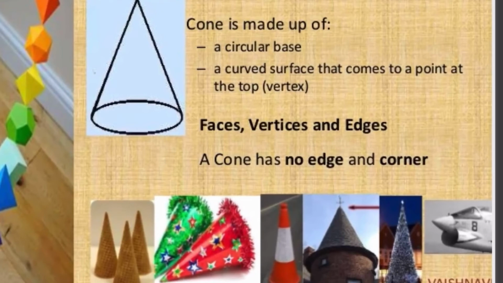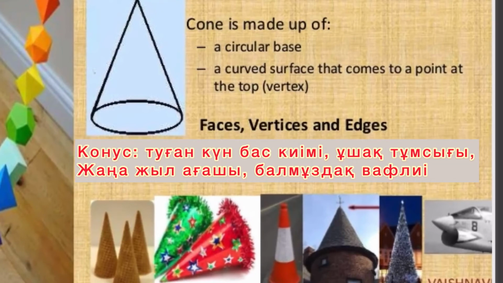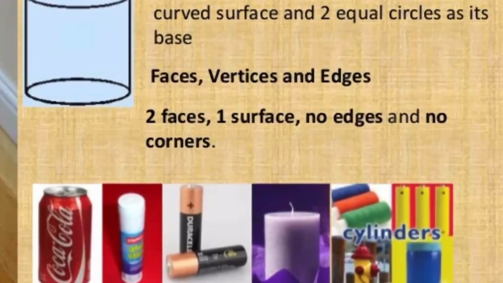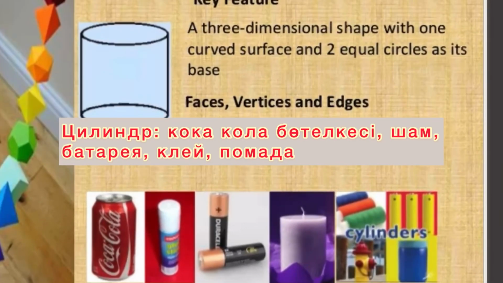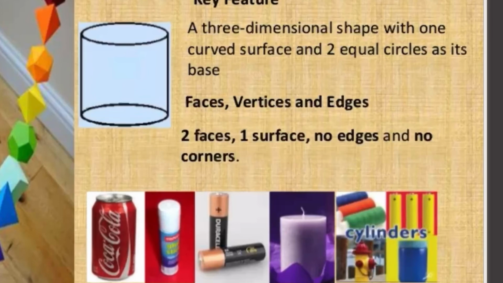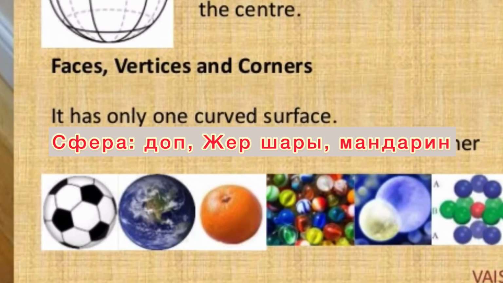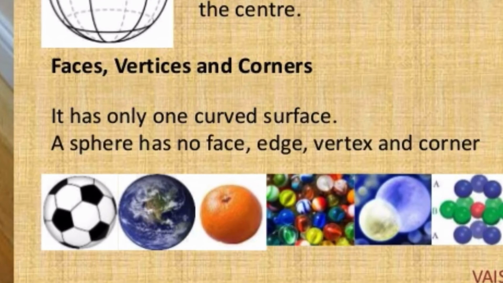These are cones from real life, some element of a plane, a New Year tree, a birthday hat, or a cone of ice cream. What about cylinder? Maybe a can of Coca-Cola, or a candle, a glue, or a lipstick. Sphere is the easy one, a ball, our planet, mandarin or tangerine, and other toys, balls.